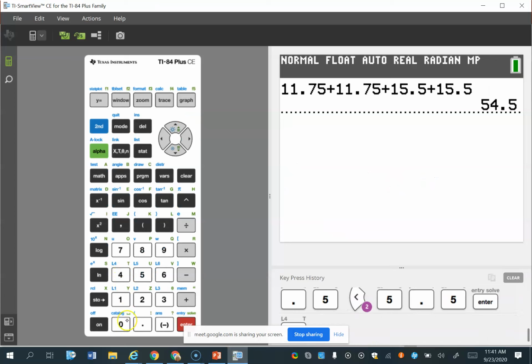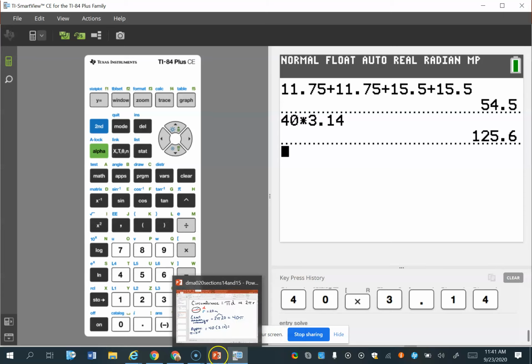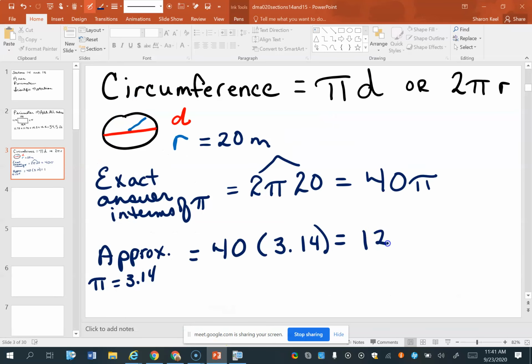So we take our 40 times our approximation of 3.14, and we get 125.6. We are using meters, so our unit for circumference is just like a perimeter. It's still just going to be meters.